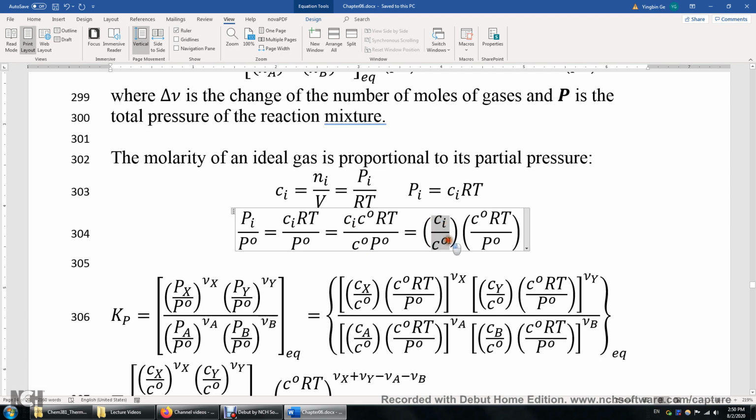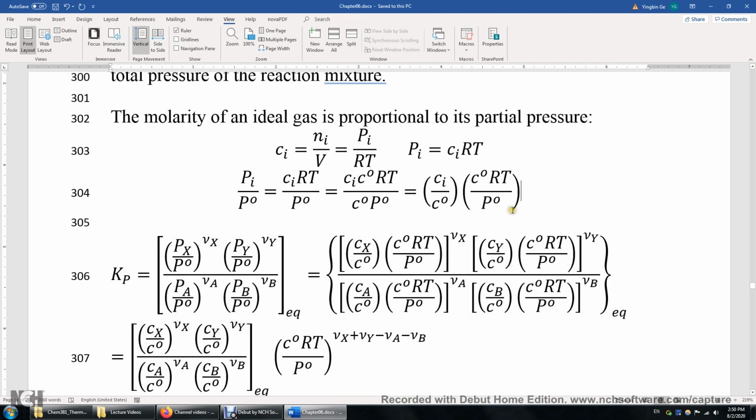Again, C sub I over C0 is the concentration of species I compared to the standard 1 molar concentration. And then we have this C0 times RT over P0. This C0 is 1 molar, R is the ideal gas constant, T is the reaction temperature, P0 is 1 bar.